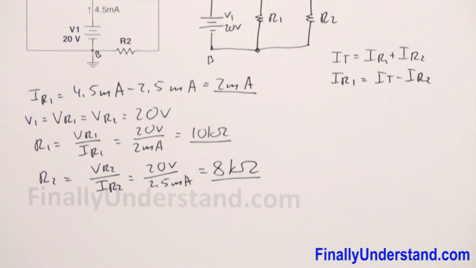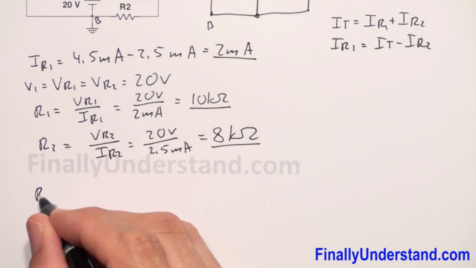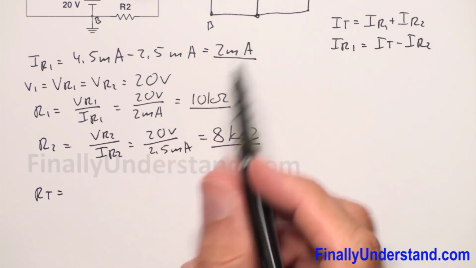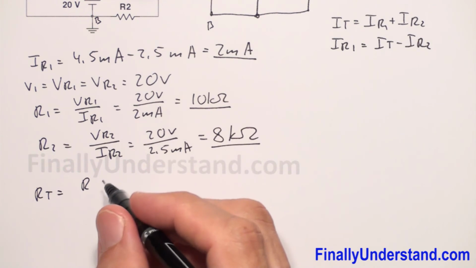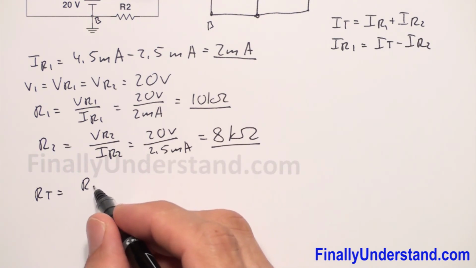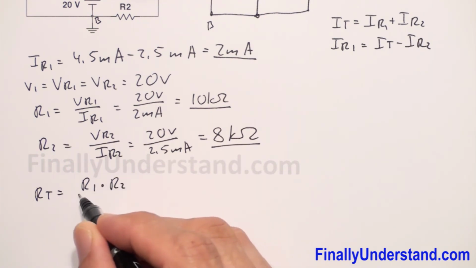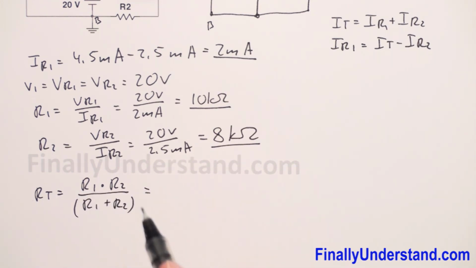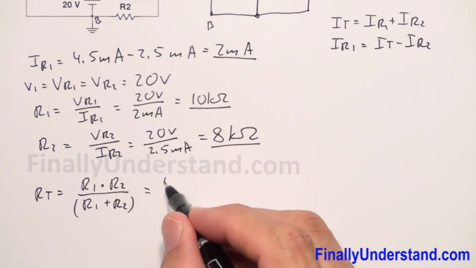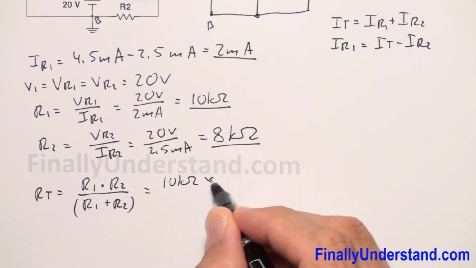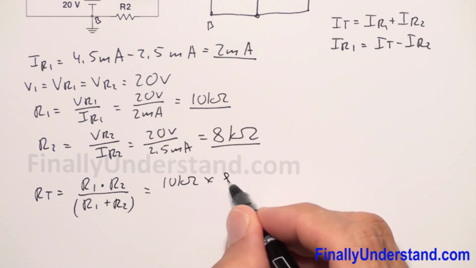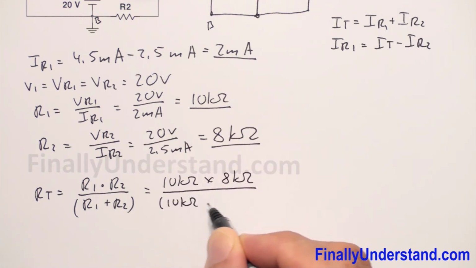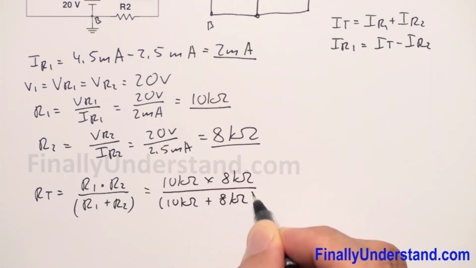Now we can find R total. Because we have just two resistors, I'm going to use the formula called product over the sum: R1 times R2 over R1 plus R2. My R1 is equal to 10 kiloohms times 8 kiloohms over 10 kiloohms plus 8 kiloohms.